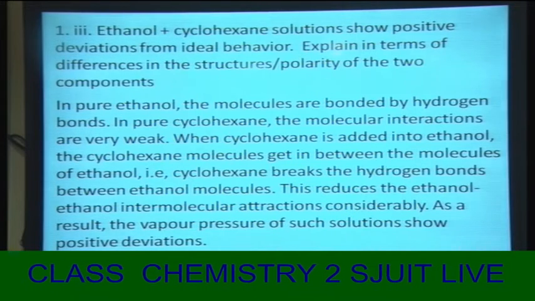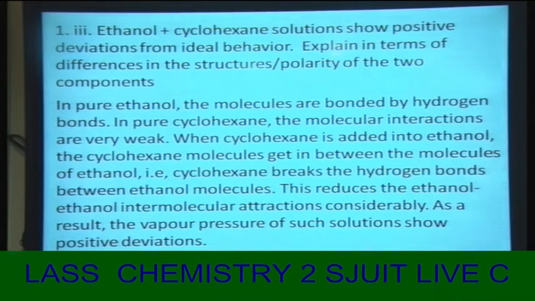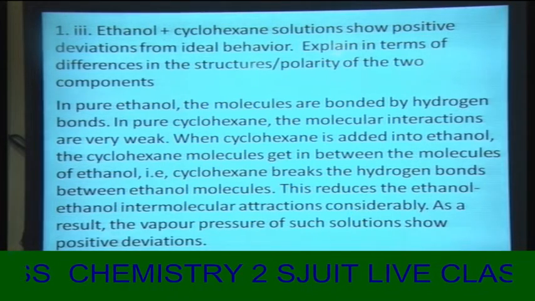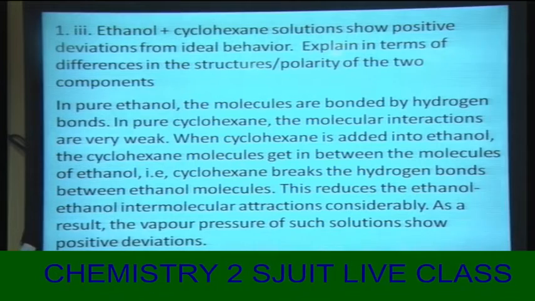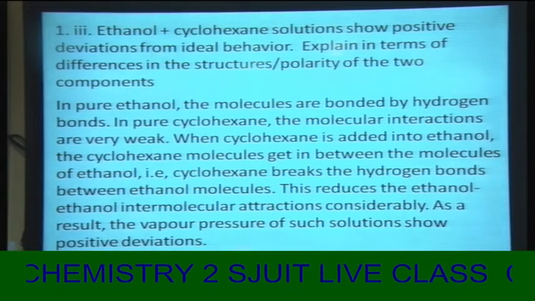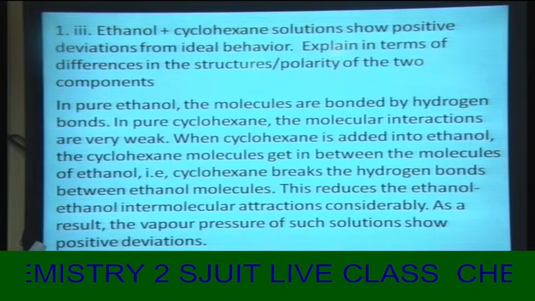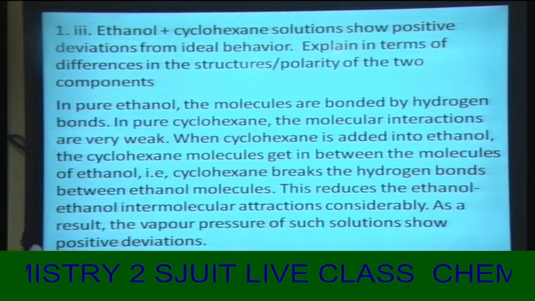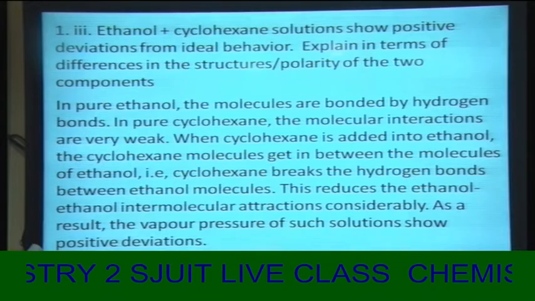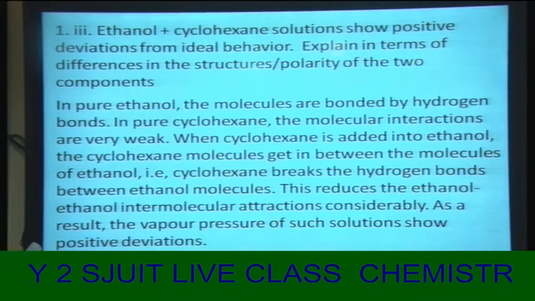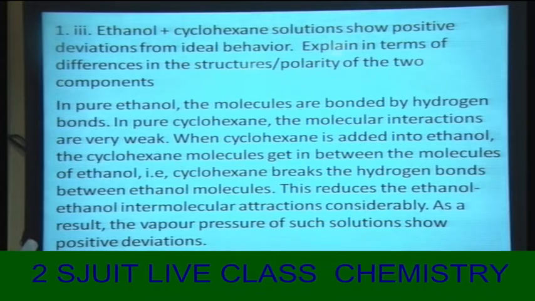Again here, we are still referring to the intermolecular forces operating between the two mixed components. Between ethanol molecules there is a hydrogen bond. It means ethanol molecules are bonded strongly by hydrogen bonds.